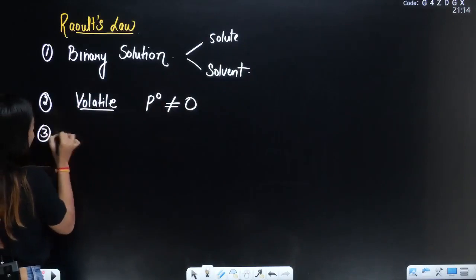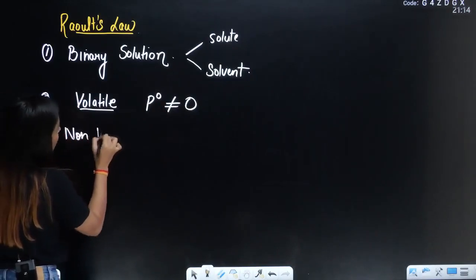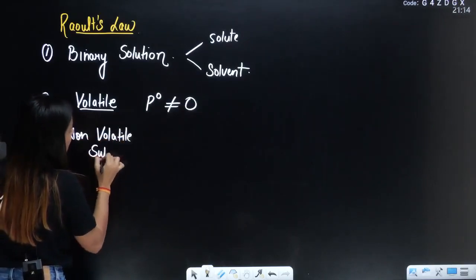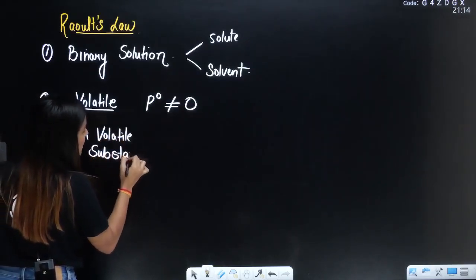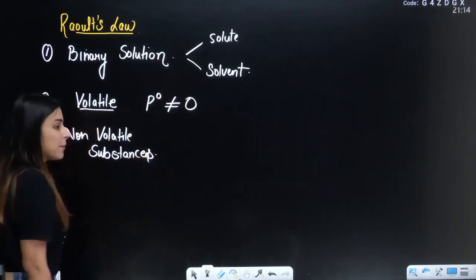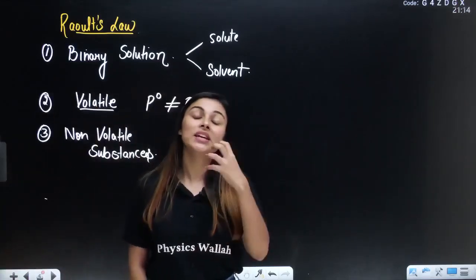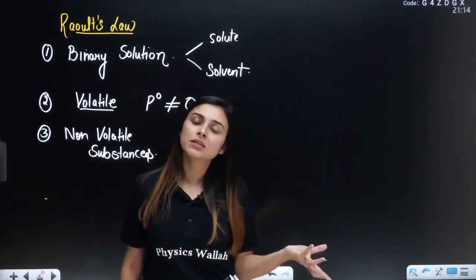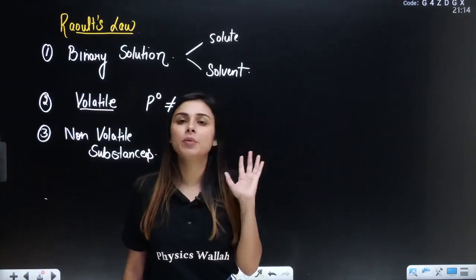Third is your non-volatile substances. Now, what are non-volatile substances? I hope now you can give me an answer. Ma'am, the substances which cannot form vapor will be known as non-volatile substances and there will be no vapor pressure for them.